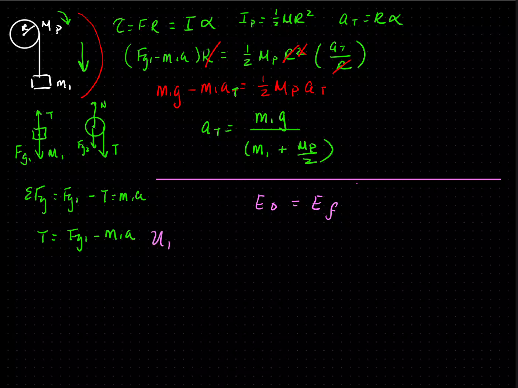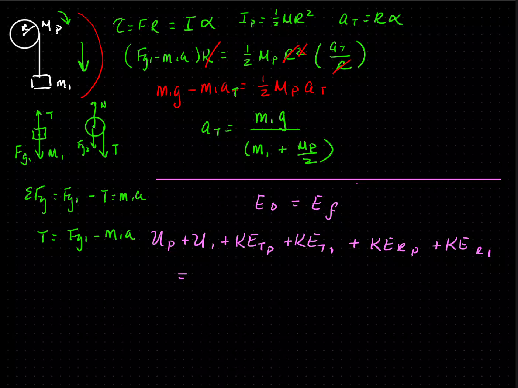So potential energy of the pulley plus the potential energy of object 1, kinetic energy translation of the pulley plus the kinetic energy translation of the box 1, plus the kinetic energy rotation of the pulley plus the kinetic energy rotation of the box 1. These are all the possible initial energies. This is equal to the final energy.